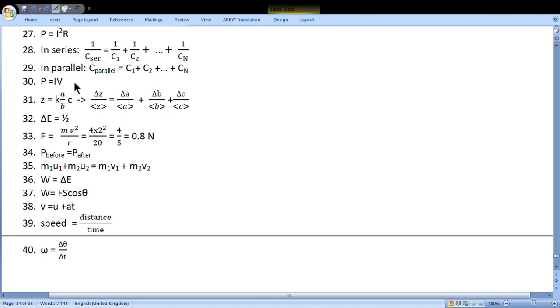Power in a current, one of the formulas. Power equals current multiplied by voltage. Finding percentage uncertainty for a value that is calculated from multiplication. I don't know what this formula is.